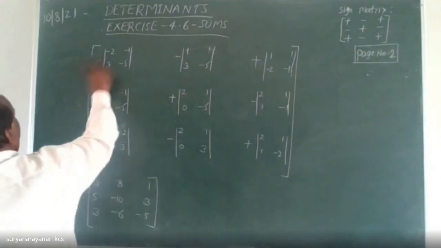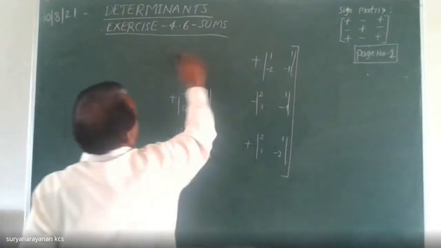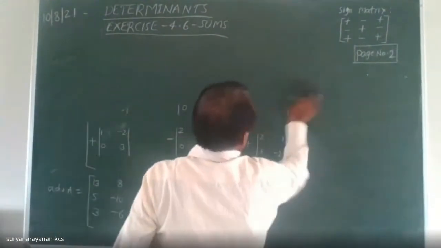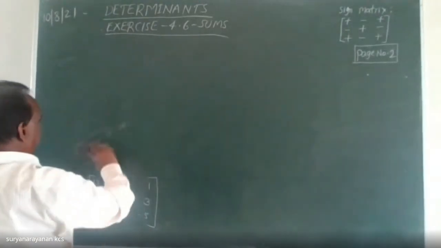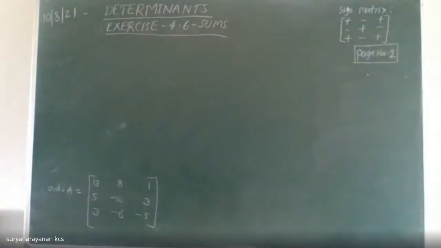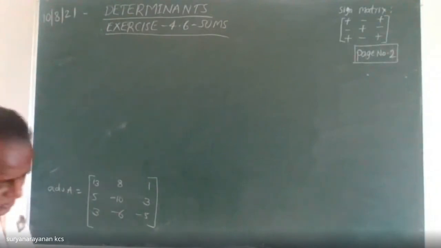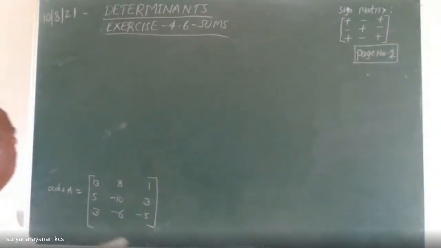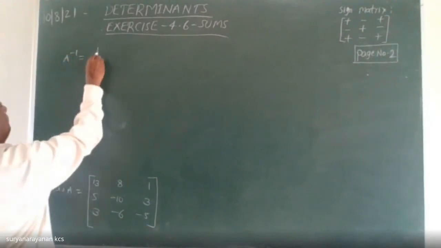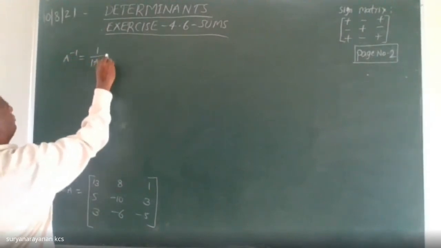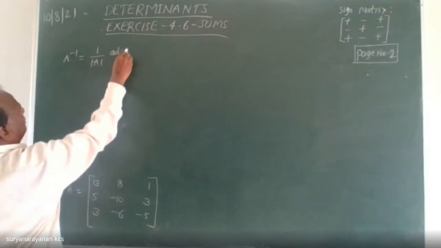Next step, we have to find A inverse. We write the formula: A inverse is equal to 1 by det A into adjoint A.